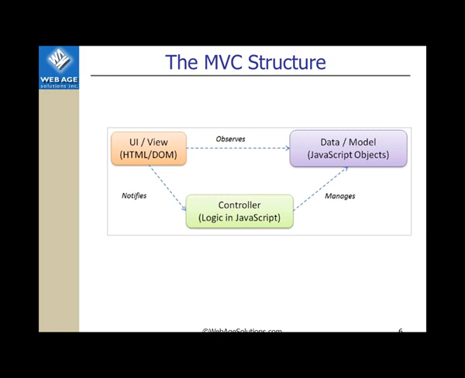So MVC is about three components: data, or data model, in your HTML-based applications is represented by JavaScript objects. So that's the model. It can be a literal, it can be an array, it can be an object, it can be whatever JavaScript supports.